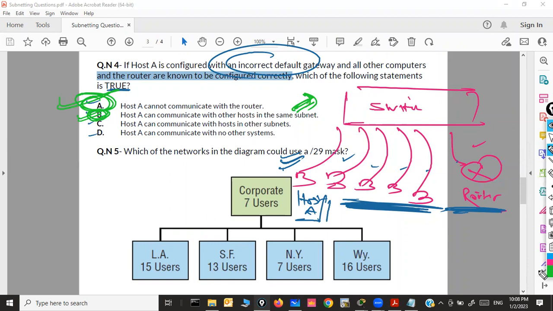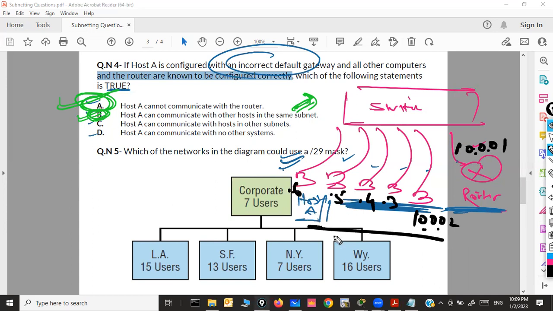Let's say in this scenario the router address is, let us assume, 10.0.0.1. This machine's IP is 10.0.0.2. This computer's IP is 10.0.0.3, then 10.0.0.4, 10.0.0.5, 10.0.0.6.